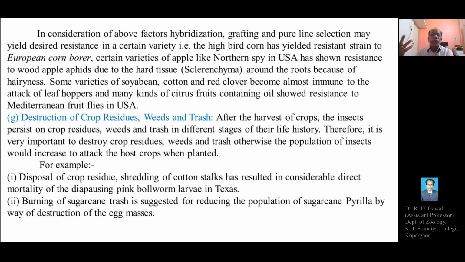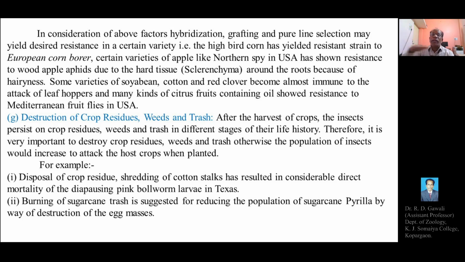Otherwise, the population of the insects will increase and will infest the host crops of the next season or next year. For example, disposal of crop residue, shredding of cotton stalks, has resulted in considerable direct mortality of the diapausing pink bollworm larvae in Texas.